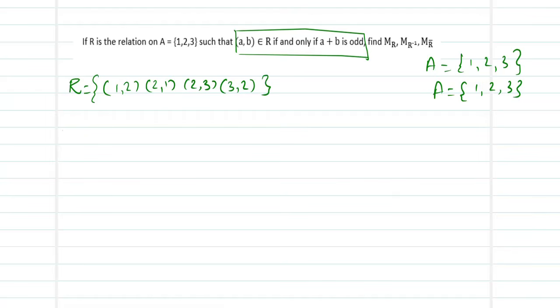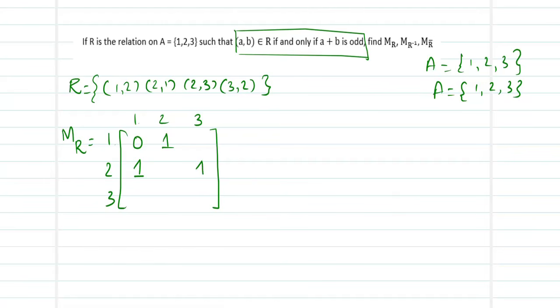If I am going to represent this relation as a matrix, I have 1, 2, 3 marked here against the 1, 2, 3 to which it is being mapped. (1, 1) gives 2, which is not odd, so this is 0. The entry (1, 2) takes the value 1. The next entry is (2, 1), which takes the value 1, and (2, 3), which takes the value 1.